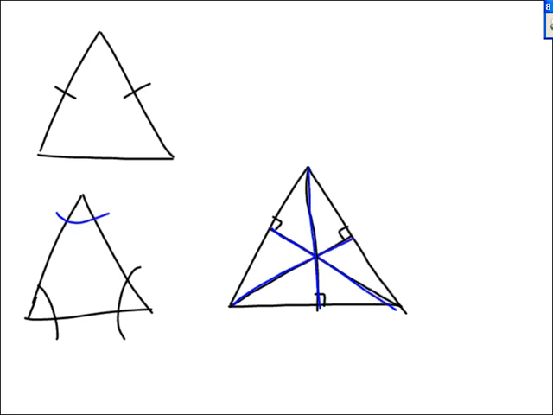Why? Because if all three sides are equal, like in our first case, you can find two or more equal, so it is equilateral as well. If these three angles are equal, it is equilateral. But by definition, if two or more angles are equal, it is also isosceles. If the three altitudes are equal, it is equilateral.